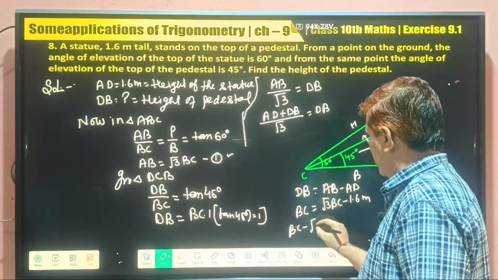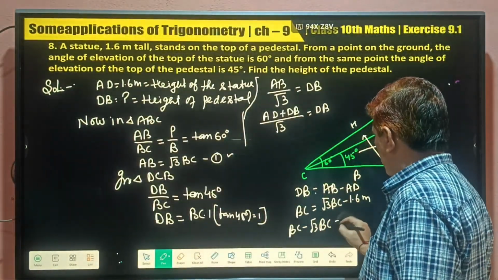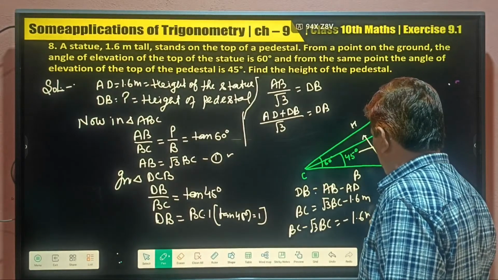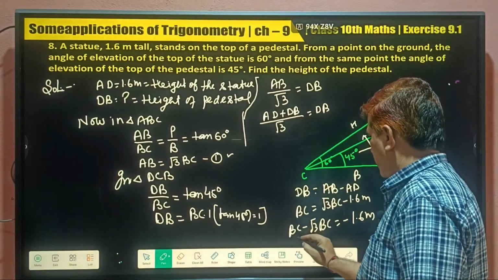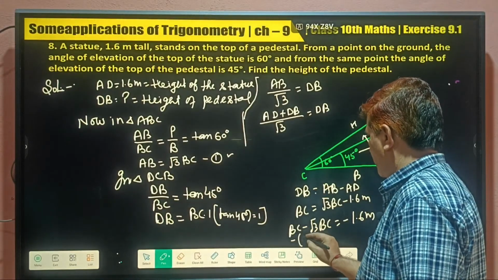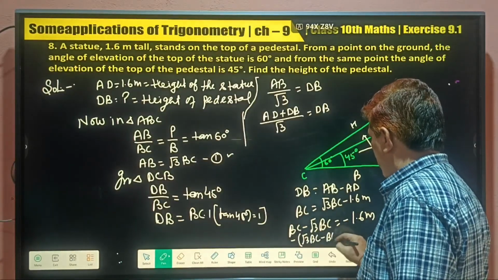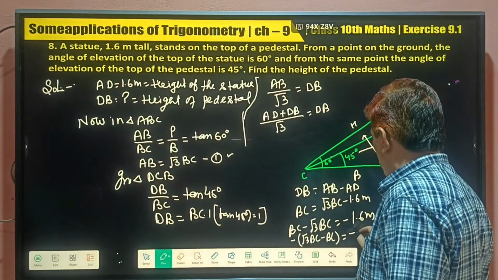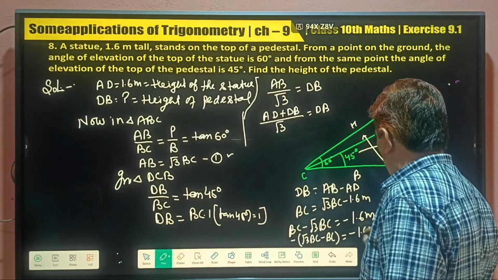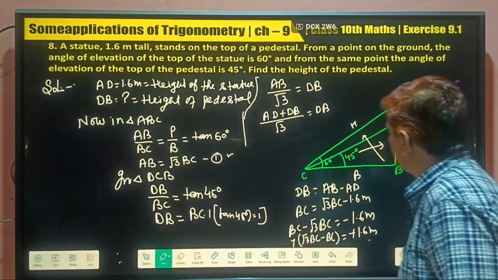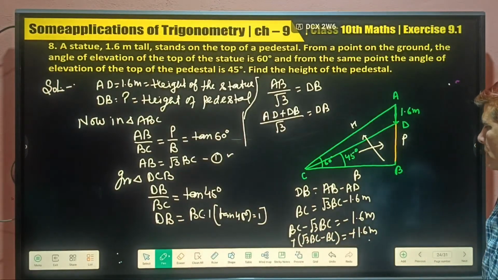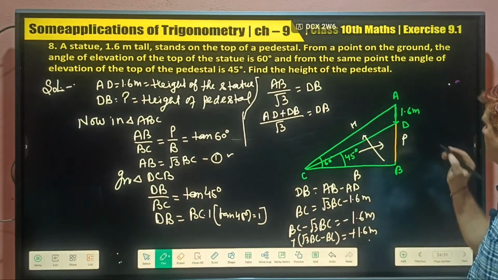BC minus root 3 BC is equal to minus 1.6 meter. So this we can write, taking minus common: root 3 BC minus BC equal to minus 1.6 meter. Minus cancels minus. So what is coming?